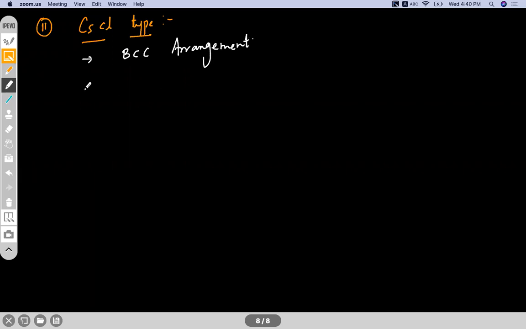In this, Cs+ ion is present at the body center and Cl− at the corners.